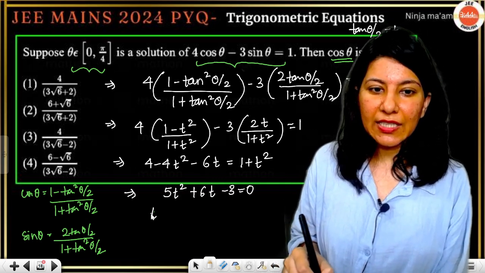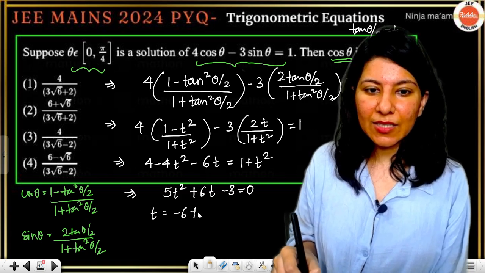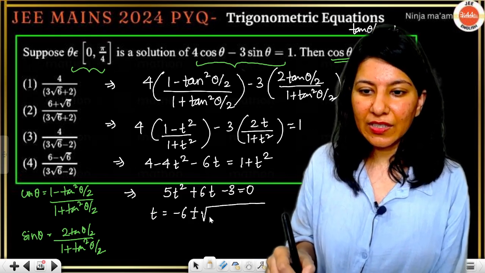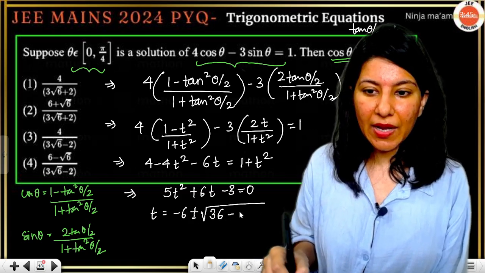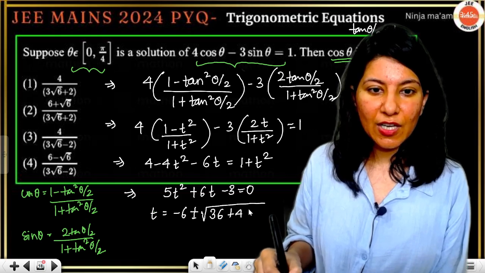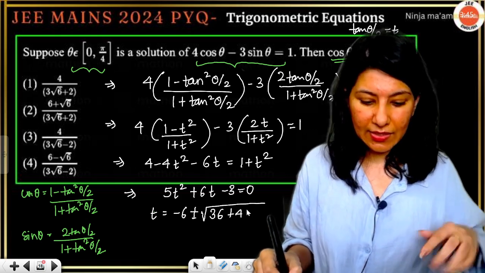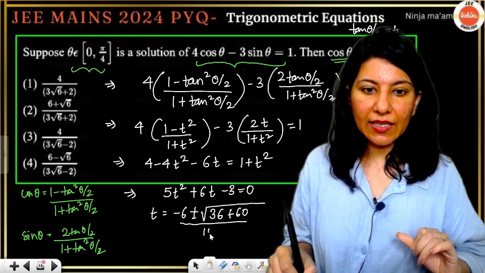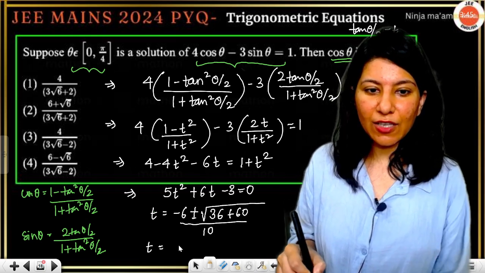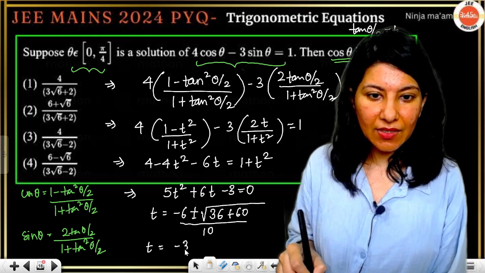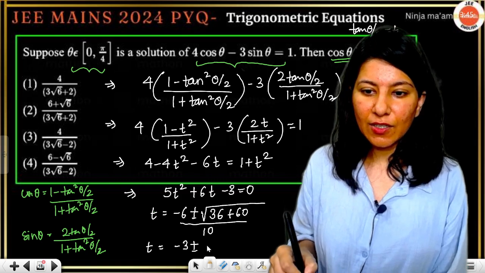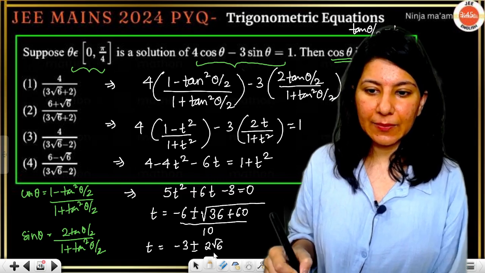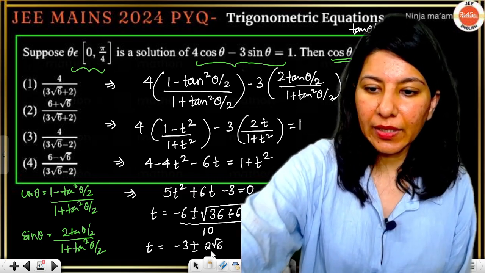Okay, so t will be equal to minus 6 plus minus square root of 36 minus 4 times 5 times minus 3, that is plus 60. 5s are 20, so this is 60. 36 plus 60 by 10, correct? So t actually will be minus 3 plus minus 2 root 6 by 5.